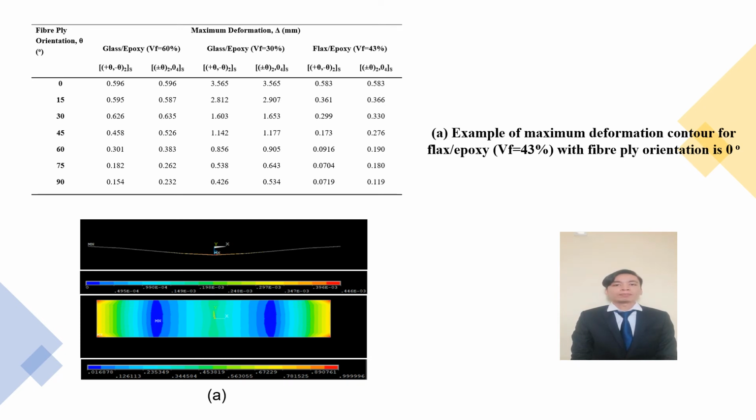For glass epoxy, for both specimens with and without supporting ply angle 0 degrees, the maximum deflection increases as the fiber orientation increases until 45 degrees, before it begins to decrease until fiber orientation 90 degrees. For both specimens with and without supporting ply angle 0 degrees, the maximum deflection decreases as the fiber orientation rises from 0 to 90 degrees for glass epoxy with volume fraction 30%. For flax epoxy, the maximum deflection decreases as the fiber rotation increases from 0 to 90 degrees for both specimens with and without supporting ply angle 0 degrees.